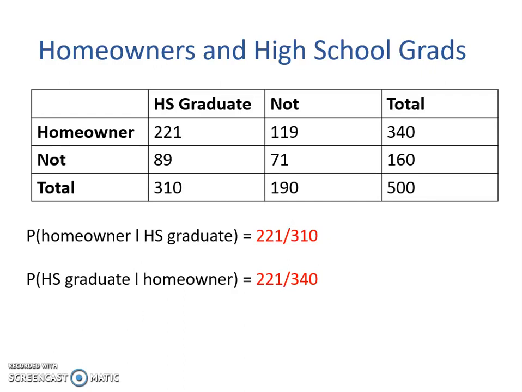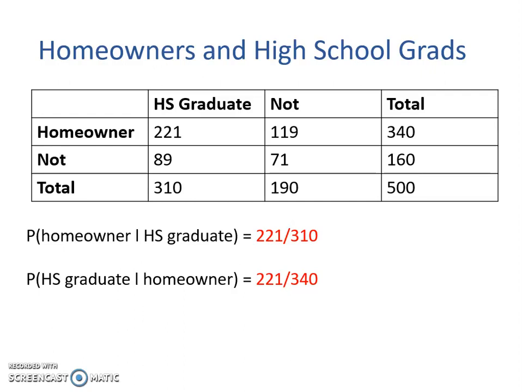To be a homeowner given that you're already a high school graduate, that'd be 221 out of 310. Given that you're a homeowner, what's the probability that you're a graduate? So what's the probability you're a graduate given you're a homeowner? Again, 221, but now it's out of 340 as opposed to 310.